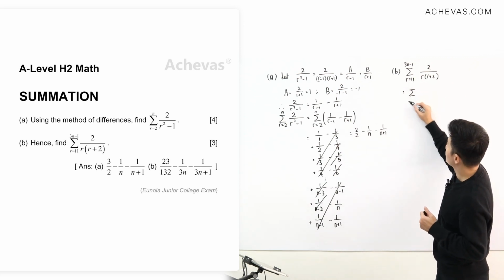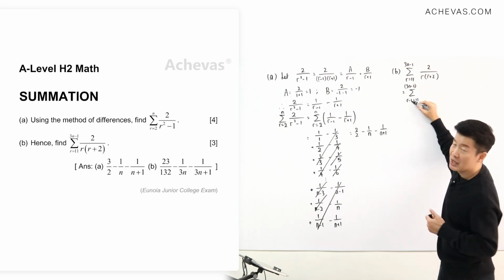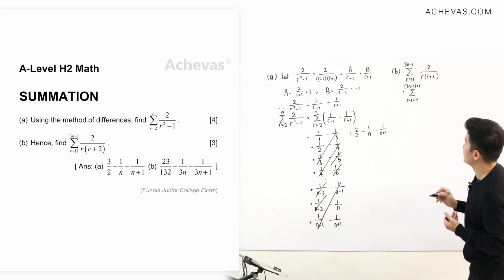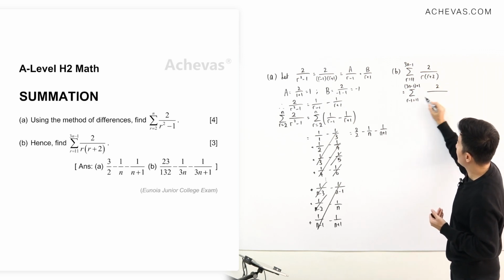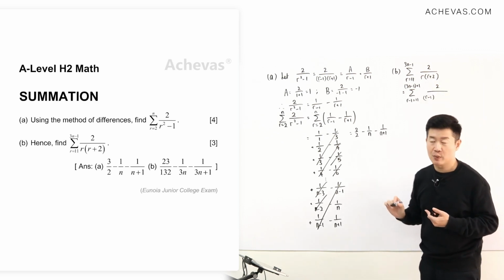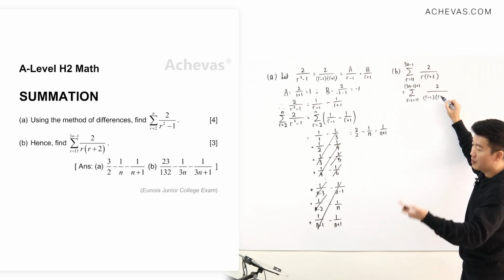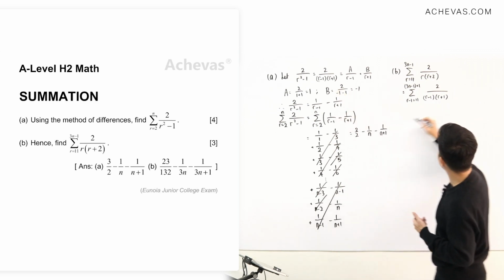So this is going to be r minus 1 is 11, and according to the rule that we have discussed on the Achevas TV, if we were to do a minus 1 here, it should be the opposite, which is going to be plus 1. So here we will have a 2 over, replacing r by r minus 1, we will have r minus 1 plus 2. So here will be r minus 1 plus 2, r plus 1. And we are getting exactly the same as this.